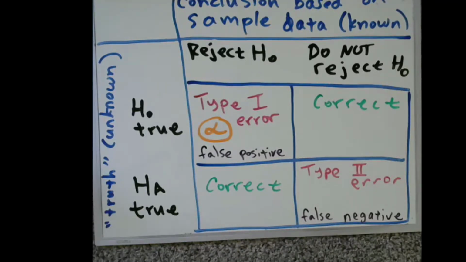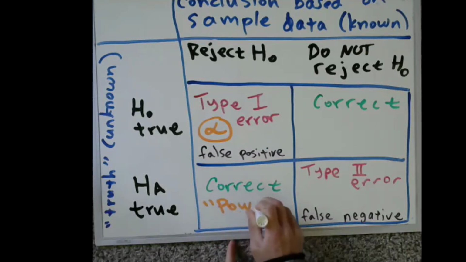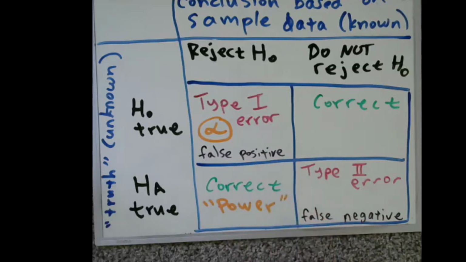Another important term that is thrown around is what's called the power of a test. And there's a probability associated with it. We're not going to dive deep into it, but the power of a test is the ability of that test, that sample data, to demonstrate that a difference exists when the difference actually exists.